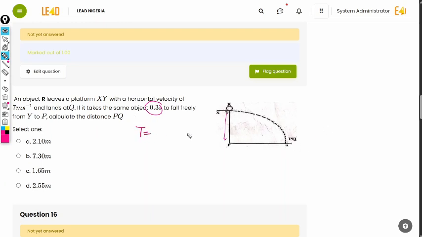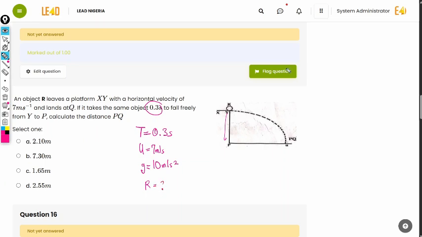So we have our time of flight for the projectile as 0.3 seconds. We have our initial velocity u as 7 meters per second. We have gravity assumed 10, even though it's not given to us, so that's 10 or 9.8, but we can go with 10 meters per second squared, and we are asked for range. So what is the range?